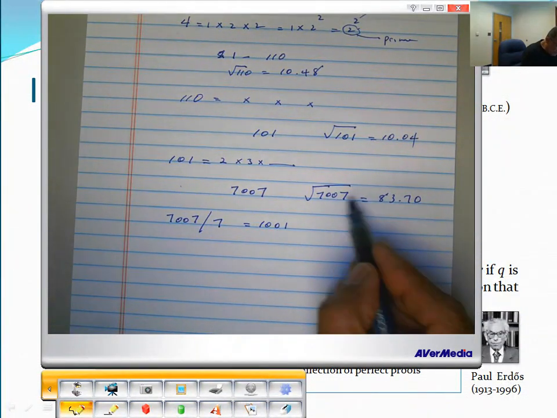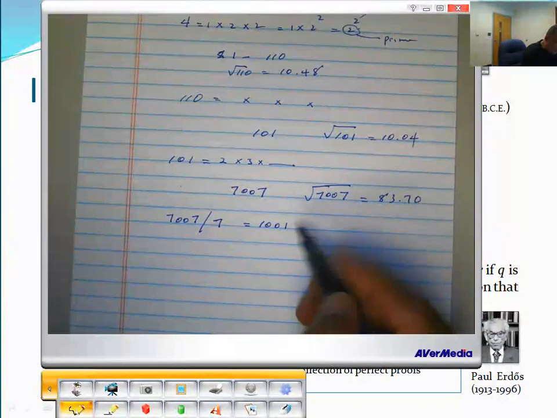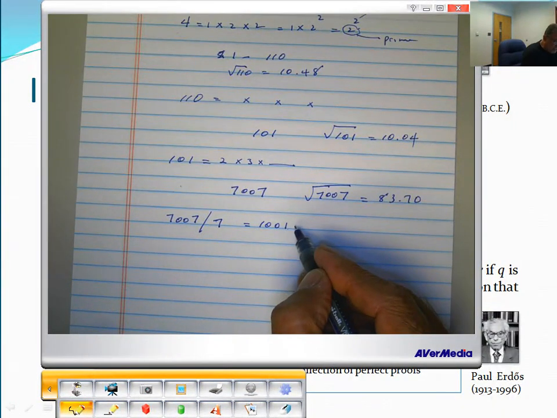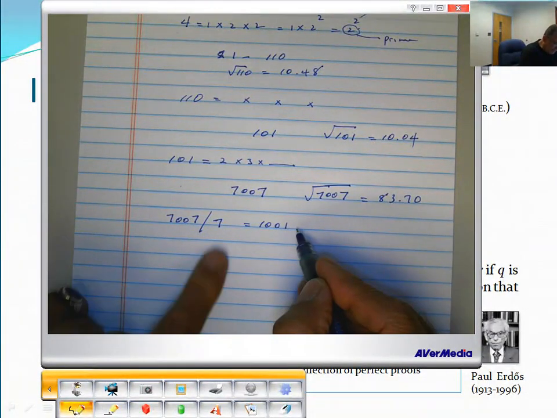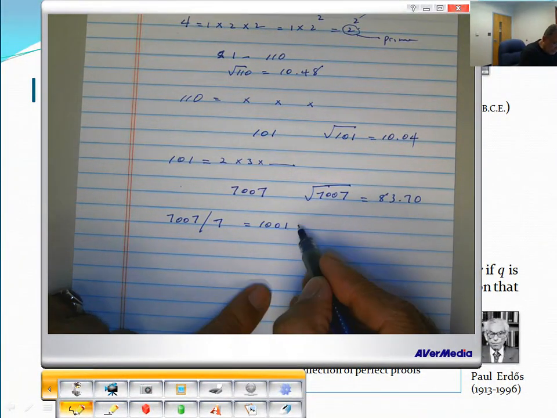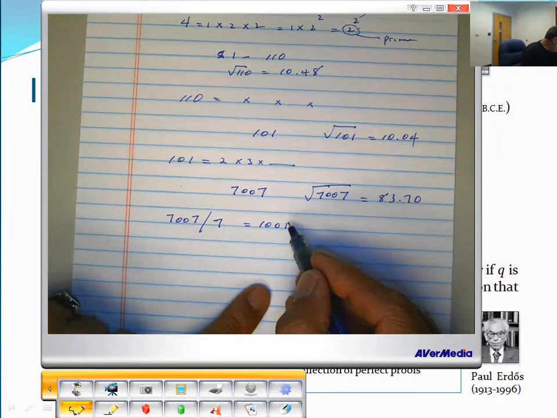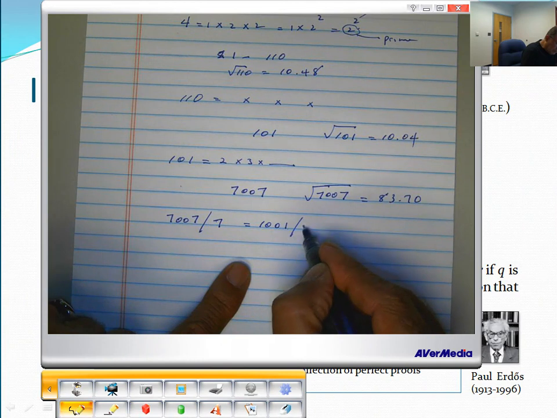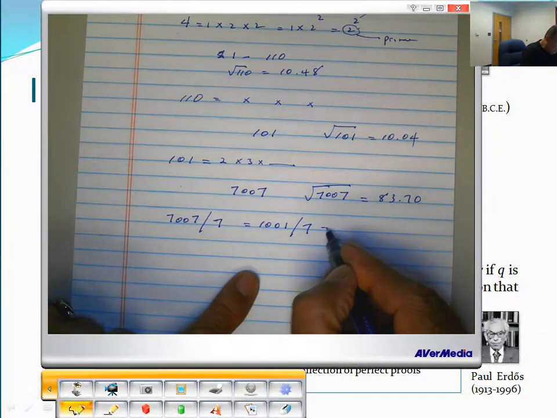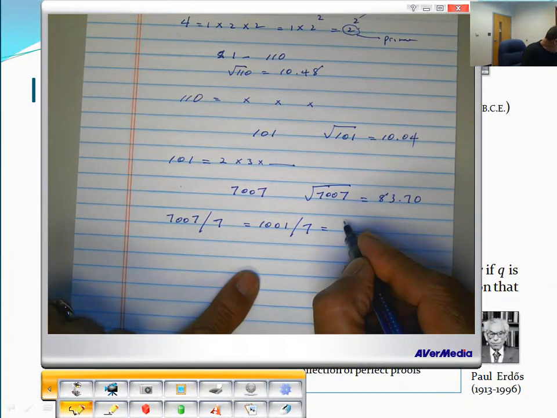Now, we started here with 7, so we start dividing 1001 by numbers from 7 on. We go on with numbers greater than or equal to 7. We notice that 1001 is divisible again by 7, and that gives me 143.